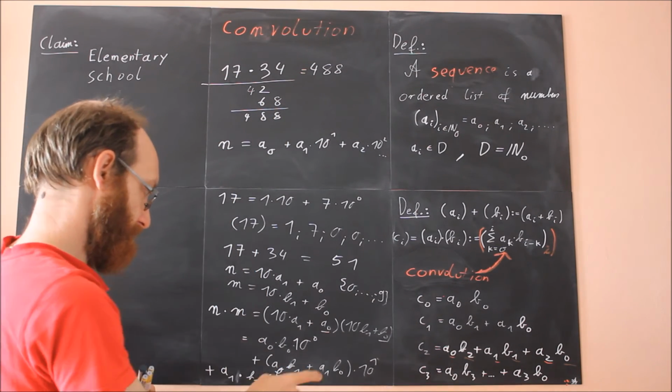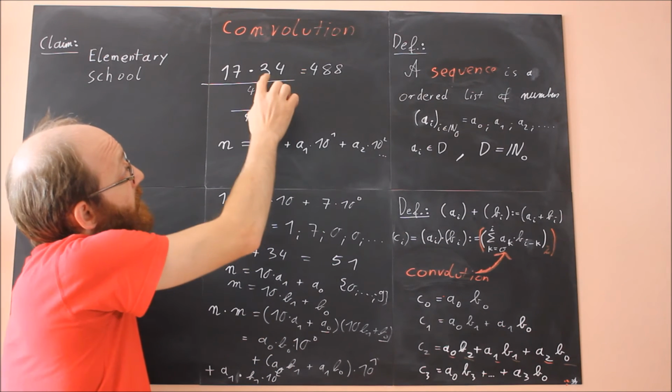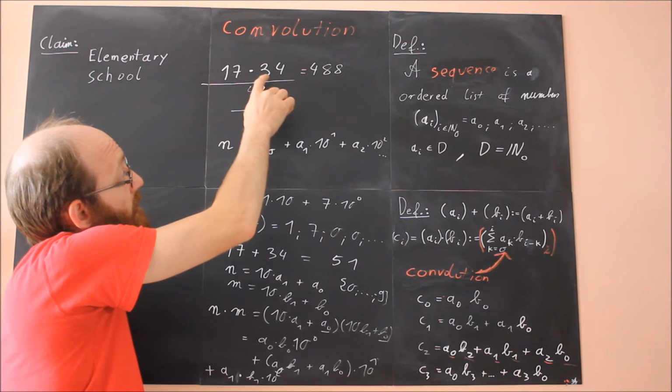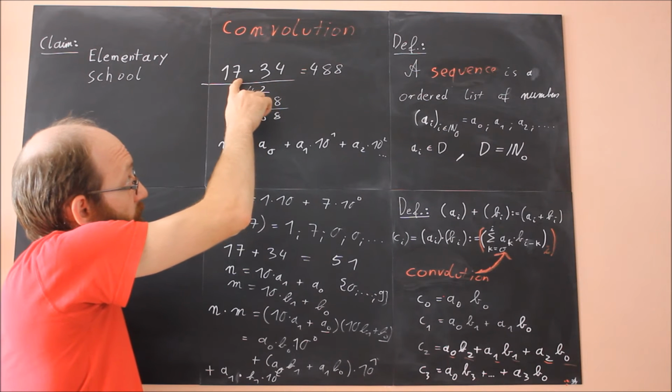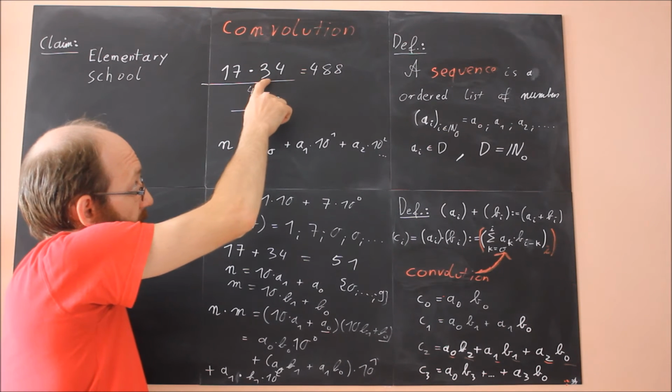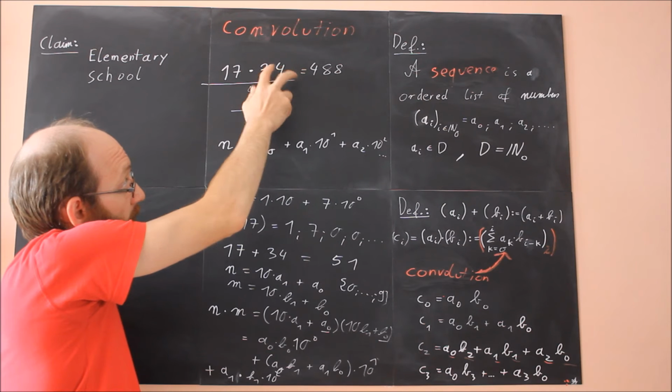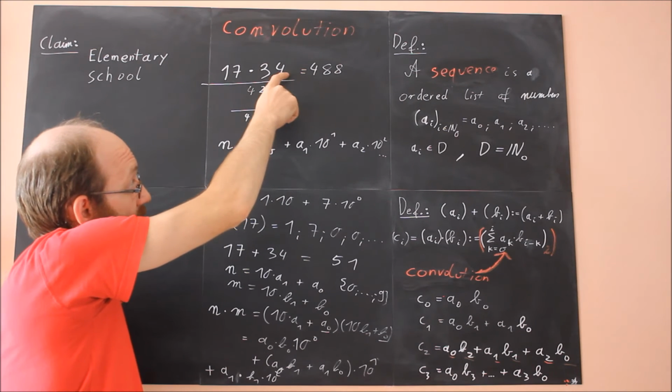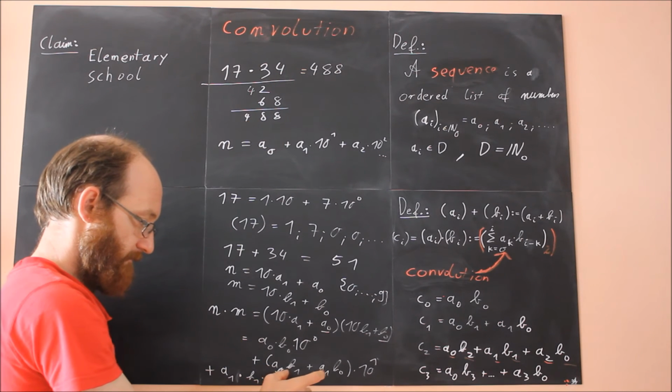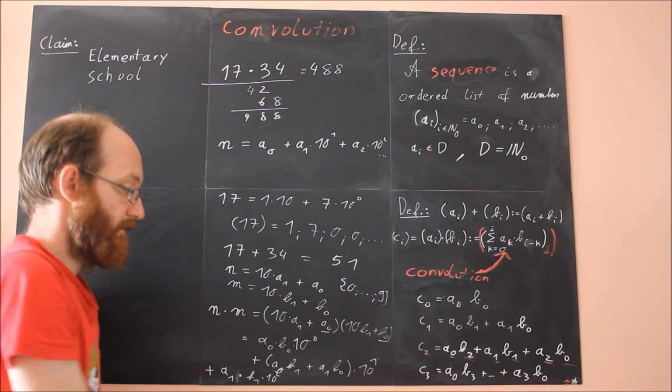And then we have the 3 times 7, so the unit digit and the 10th digit, and also here the 10th digit and the unit digit. This is exactly this part here.